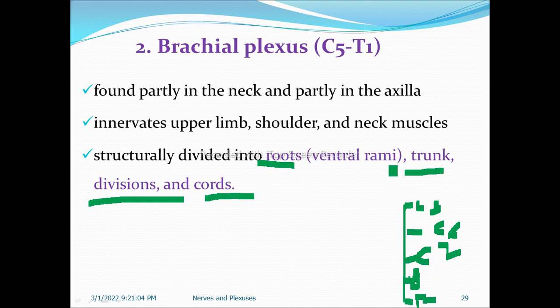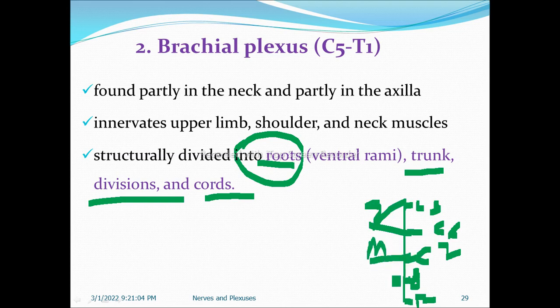From these roots, C5 and C6 form the trunk known as the superior trunk, only C7 forms the middle trunk, and C8 and T1 form the inferior trunk. So the roots come into trunks, and we have three trunks: upper, middle and inferior.